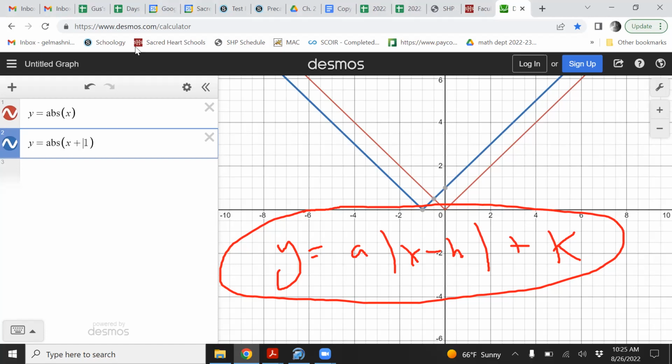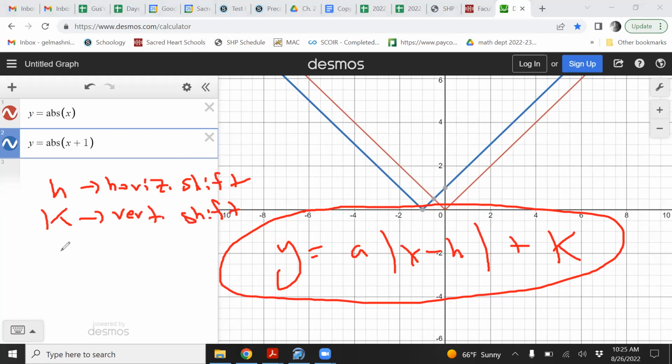So what is H? If negative goes right, exactly. H represents the horizontal shift. K represents the vertical shift.